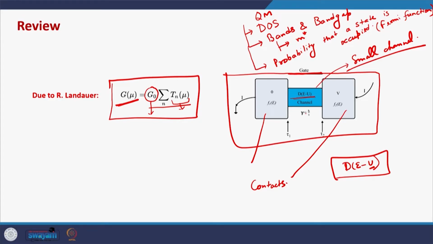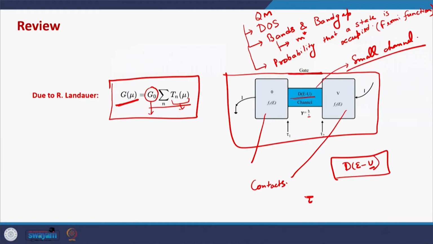So, in addition to these things, we have another parameter here known as the characteristic time tau, which essentially models the interaction or the connection of the contact to the channel.